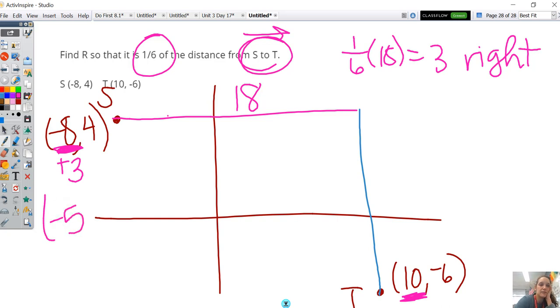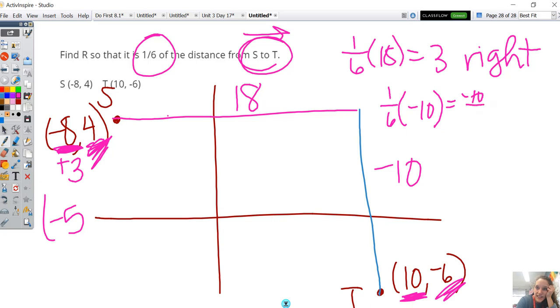Then I'm going to repeat this process for my y coordinates from 4 to negative 6. So I'm going down 10. Well, I only want to go a sixth of that, so that's negative 10 over 6, which is negative 5 over 3. So that means I'm going to subtract 5 over 3 from my y coordinate.